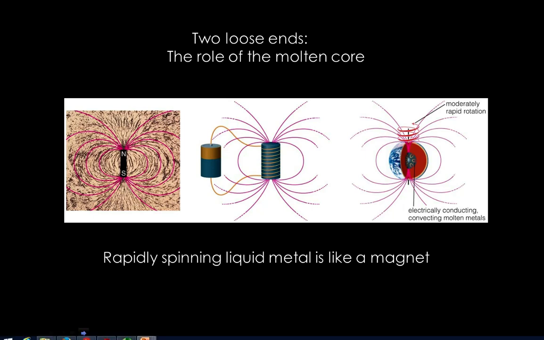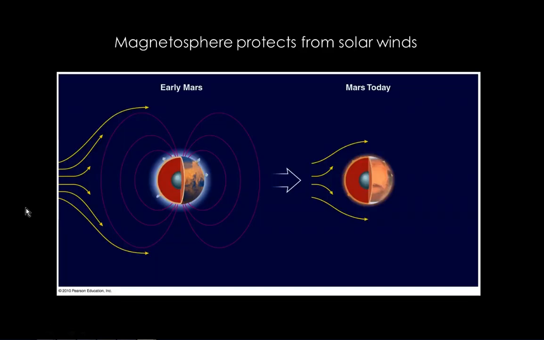And you can see the effect of our magnetic field, in fact, turns out to also save us from solar stripping. This is a diagram of what happened in Mars's evolution, is that as well as its lithosphere becoming solid and thickening, the core itself went from being liquid to solid. So Mars used to have a core much like Earth's, which was liquid and convecting, and Mars is spinning.